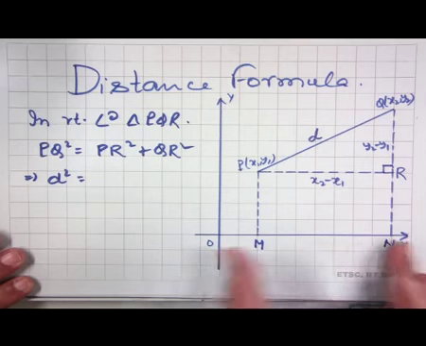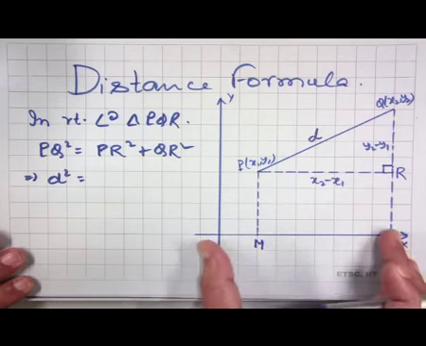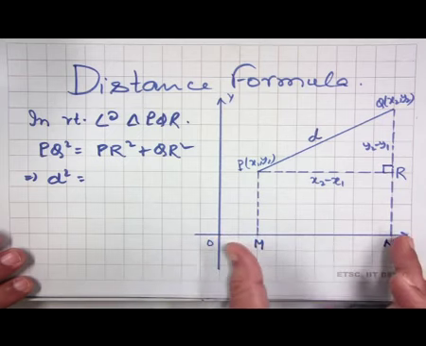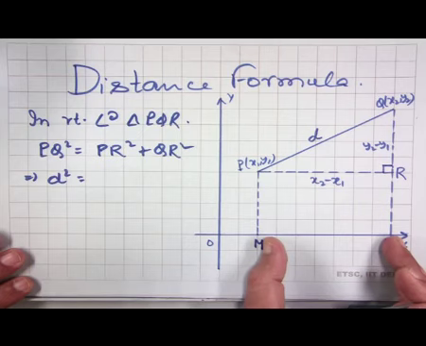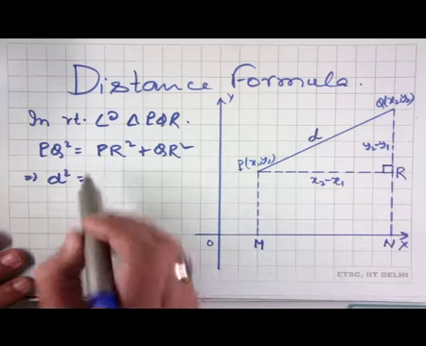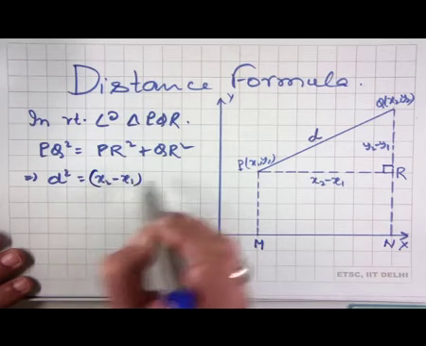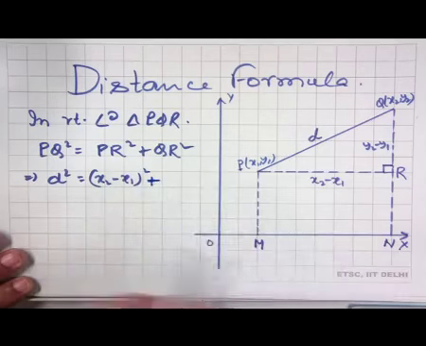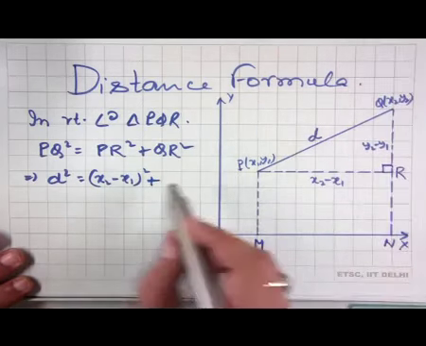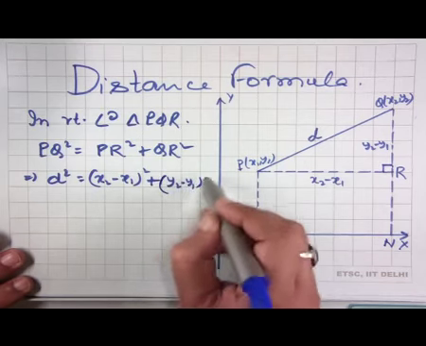So this distance Mn is x2 minus x1: On is x2 and OM is x1. So this PR is also x2 minus x1. So (x2 minus x1) whole square plus, similarly, QR is y2 minus y1, so (y2 minus y1) whole square.